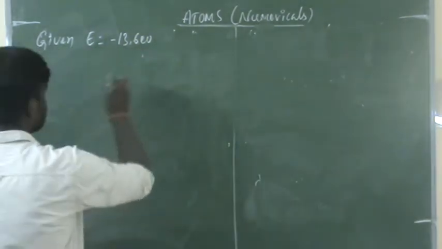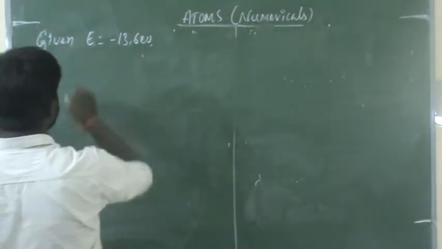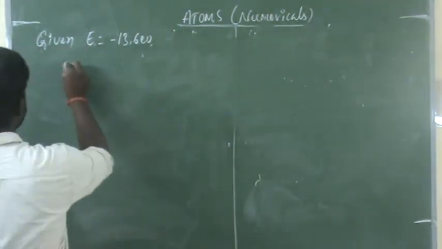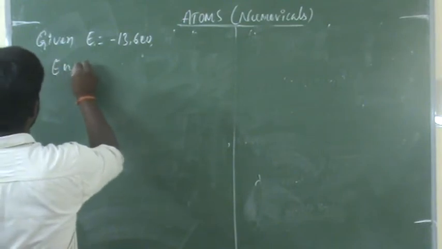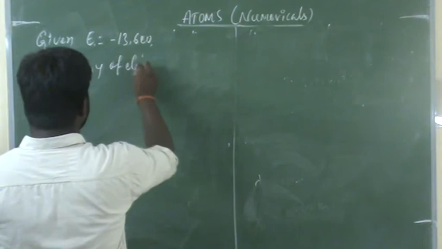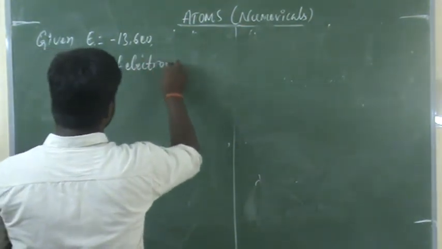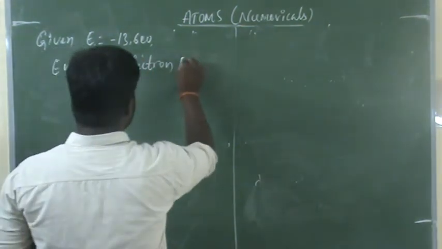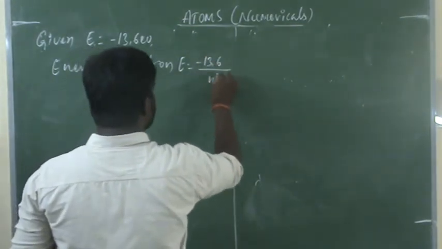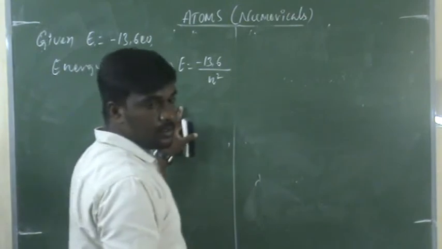Listen. So this is the energy of the ground state electron. The energy of the electron is E equals minus 13.6 divided by n square. Clear?